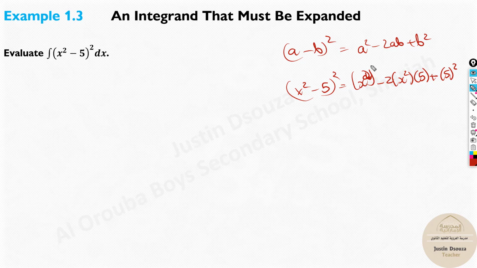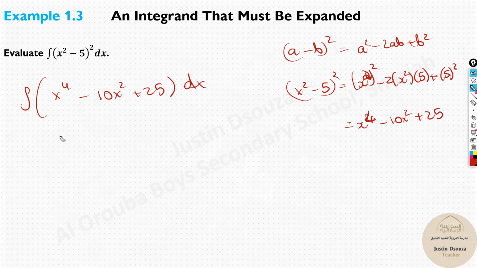Here I can write it like this, x squared the whole square. And now the simplification is x power 4 minus 10x squared plus 25. So this is the integral of x power 4 minus 10x power 2 plus 25 dx after expanding.